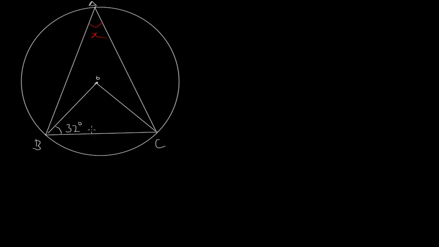So, considering the fact that this triangle OBC is being formed at the center of a circle, we've got two lines which are meeting at the center of a circle, it means that the angles at the bottom are the same. So if this is 32 degrees, it means this is also 32 degrees.